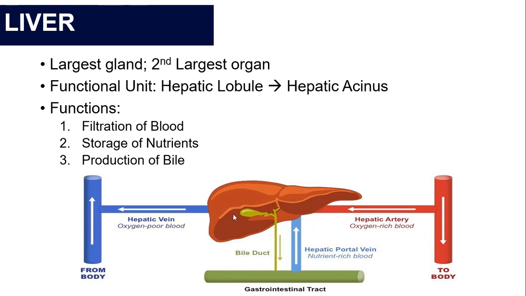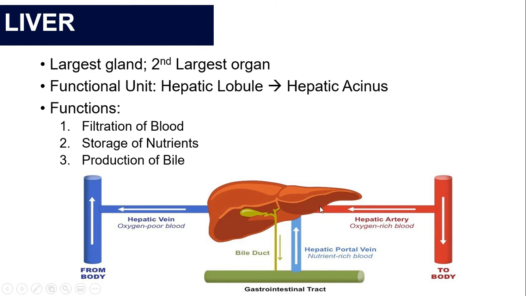As you can see in the picture, from the heart towards the body, oxygenated blood that is going towards the rest of the parts of your body will go towards your hepatic artery. In the hepatic artery, the blood is rich in oxygen.